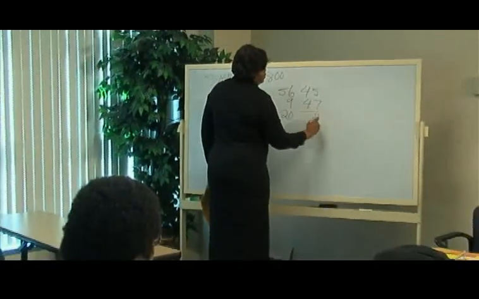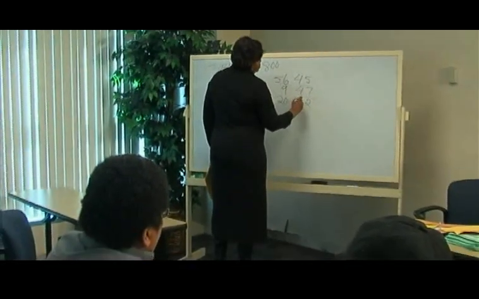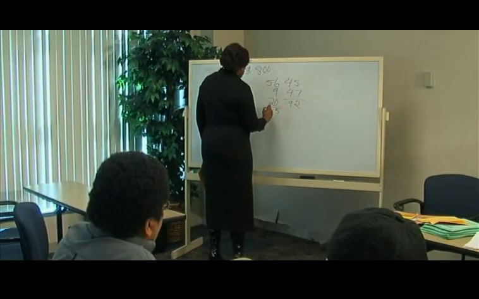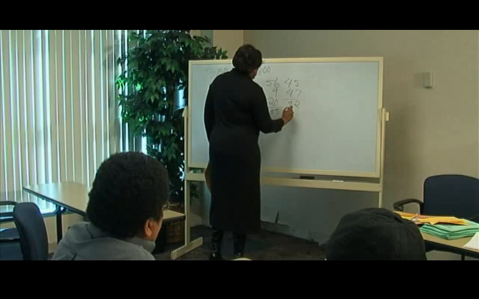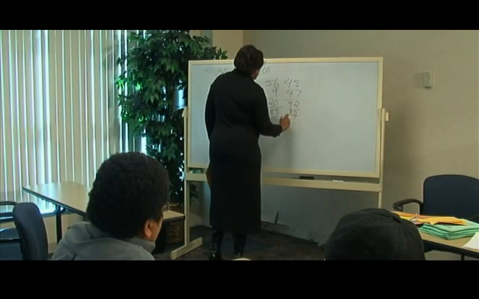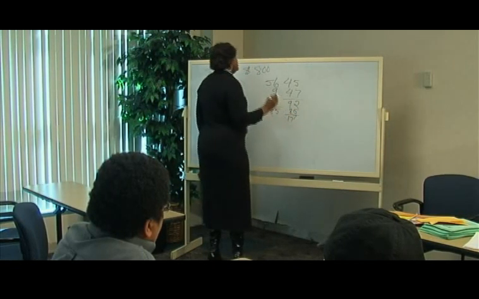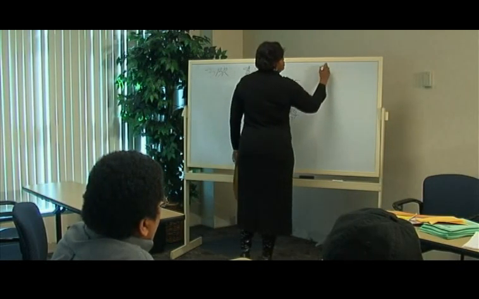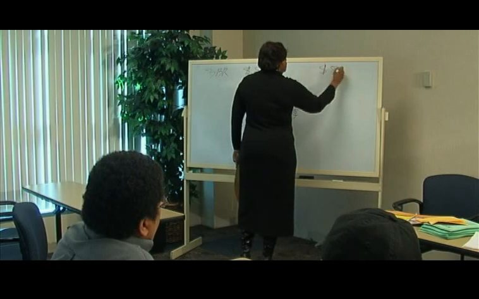Now what we do is add up these numbers. So we have $177. For rent, you've asked for $800, and for the utilities, $177.